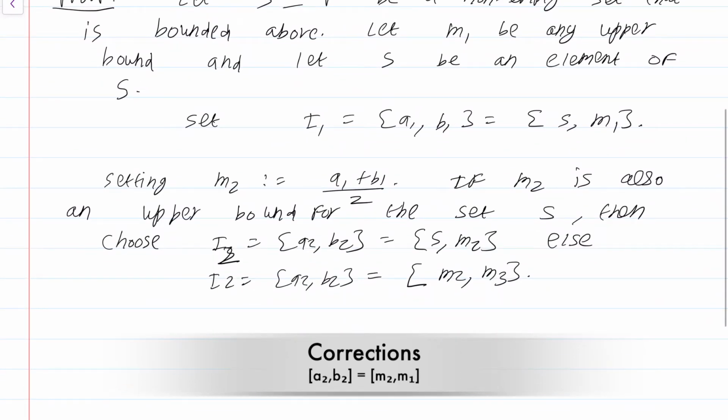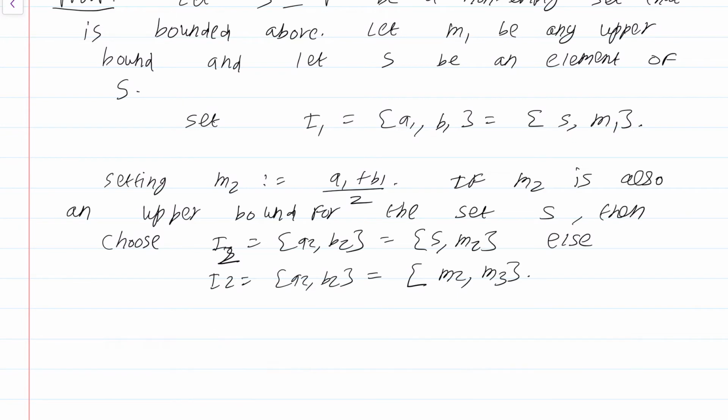What is the logic behind this choice? If M2 is also an upper bound, that means we have found an upper bound for the set S that is smaller than M1 for sure. So we have a better upper bound. And if M2 is not an upper bound for the set S, then we have moved the left hand point of the interval to M2.